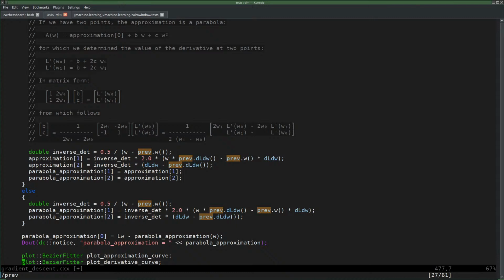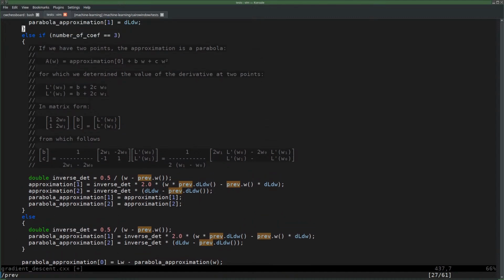Right. I guess I don't have to do this at all, because it's not used when the number of coefficients is 3.